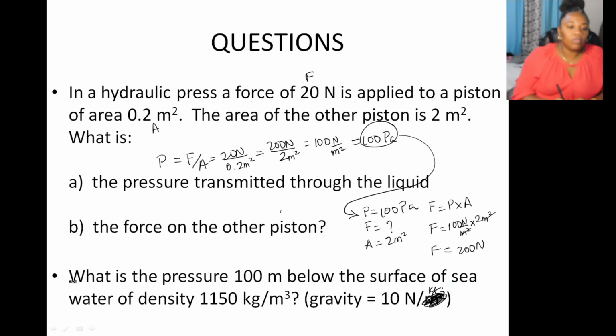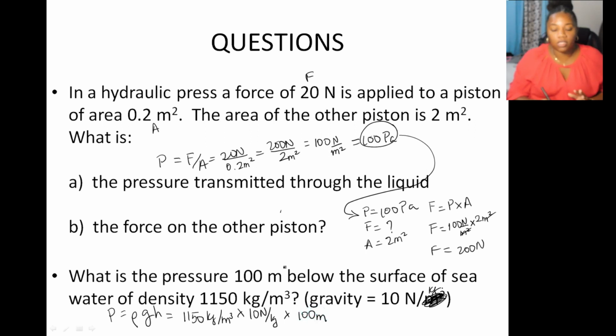We're dealing with a liquid, so pressure is equal to rho g h. That symbol stands for rho, which is density. So the density of the water is 1150 kilograms per meter cubed, the gravity is 10 newtons per kilogram, and the height is 100 meters.